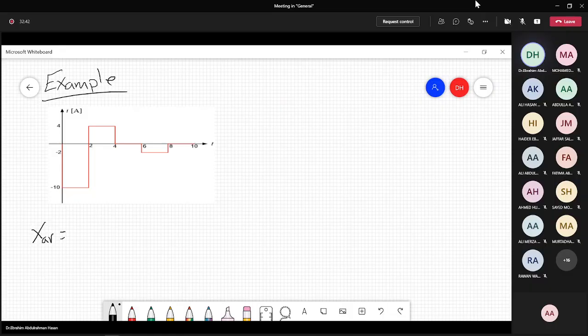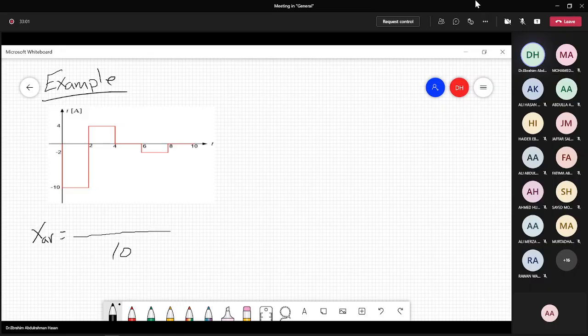Well, this is piecewise linear. In general, as we said, it is the area under the curve divided by the interval. So the interval is from 0 to 10, so it is 10.